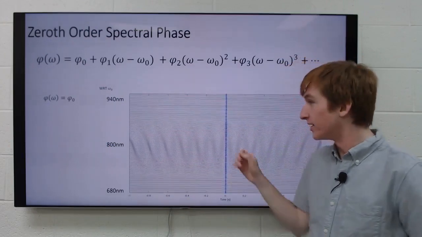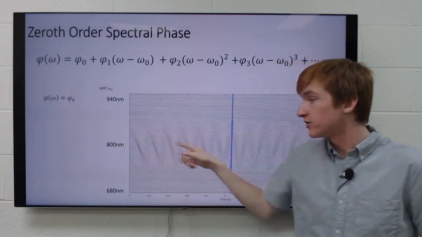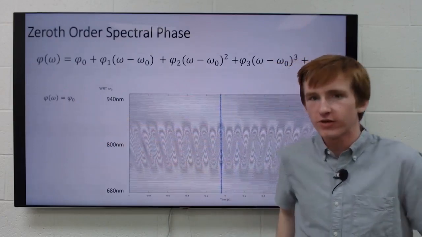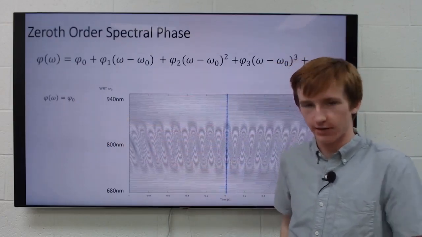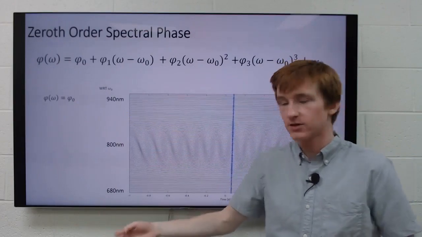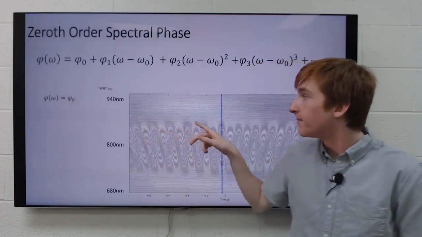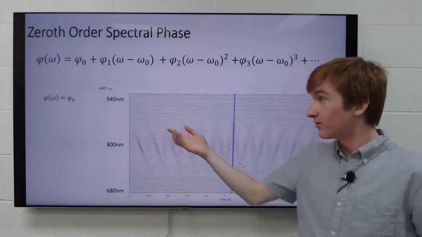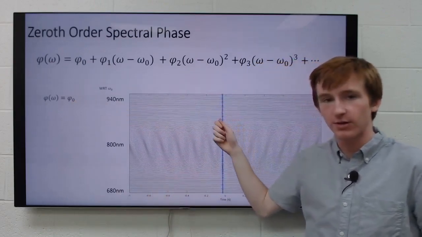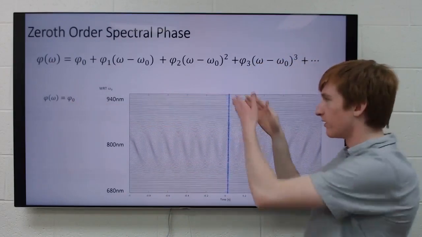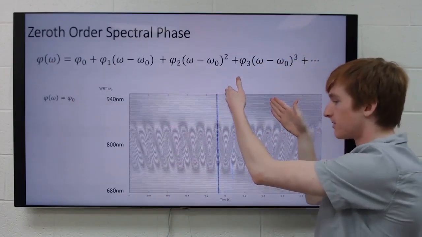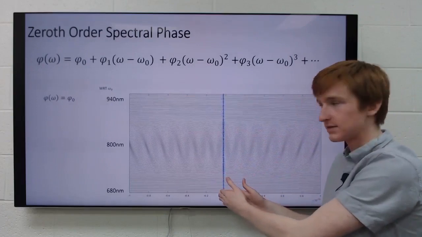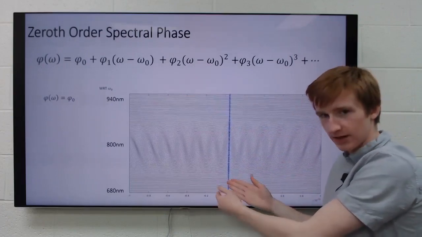And then when phi naught is equal to 2 pi, how much do you shift your 800 nanometers? Well, you don't shift them by 940 nanometers, you shift them by 800 nanometers, by one wavelength. So when phi naught is equal to 2 pi, you shift each wavelength by that wavelength. So if they're here, the 940 gets shifted all the way out here. But if you're at 680 and it's 2 pi, you shift it by 680 nanometers.